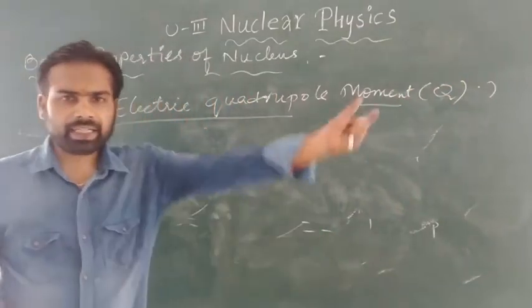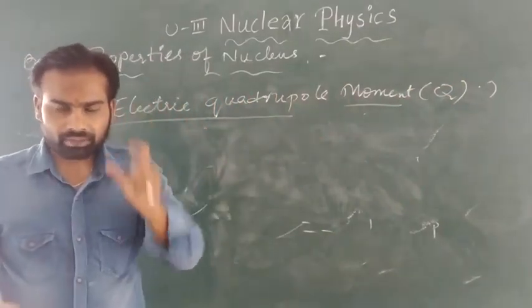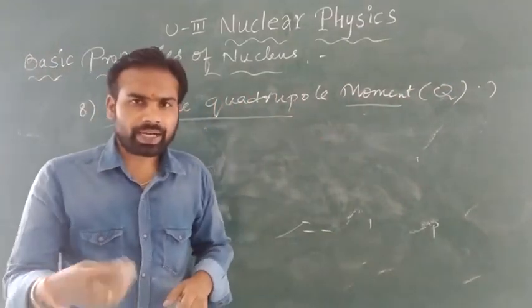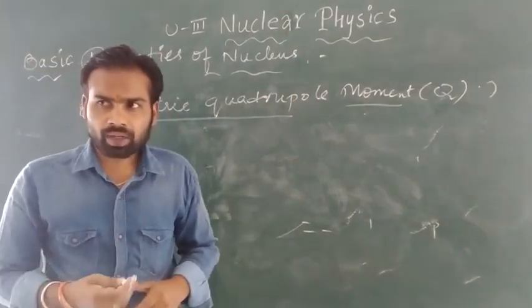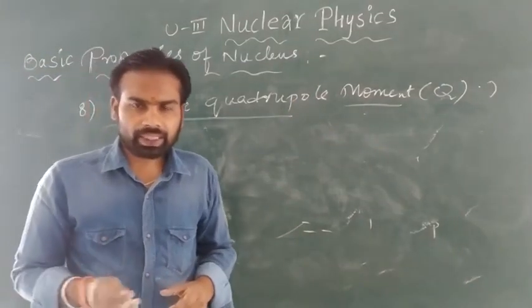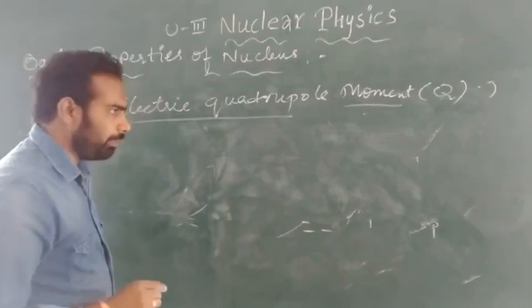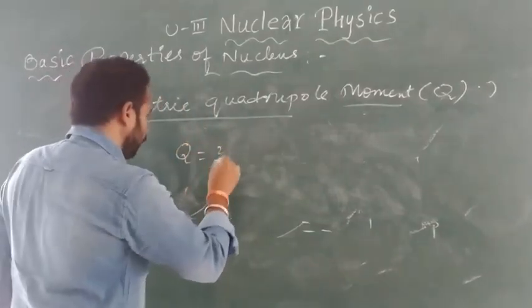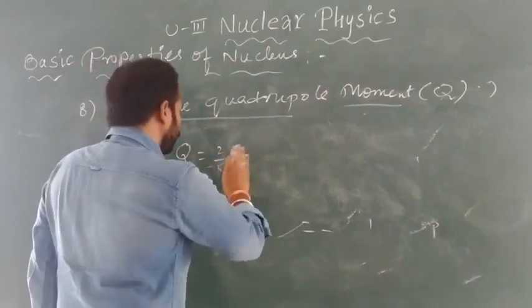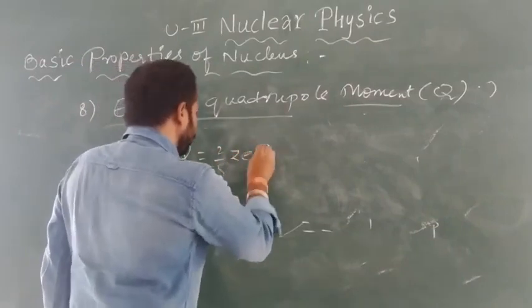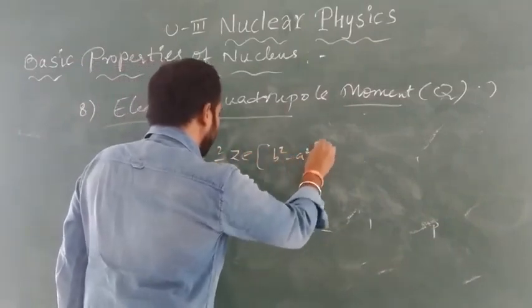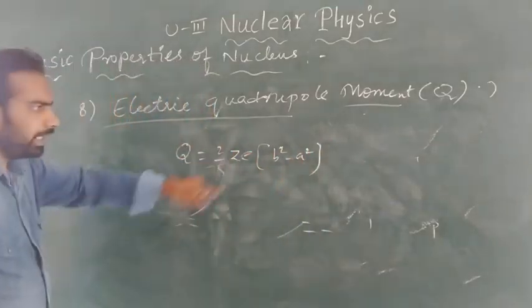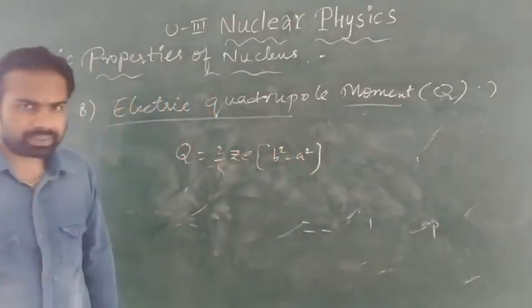Similar to the magnetic moment, we have the electric quadrupole moment. Q is equal to 2 by 5 Ze into B square minus A square.